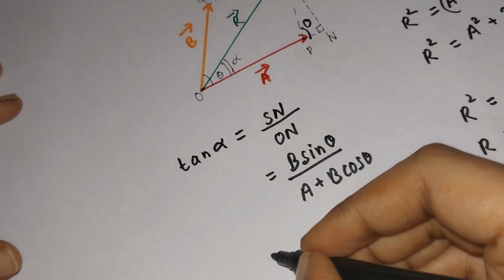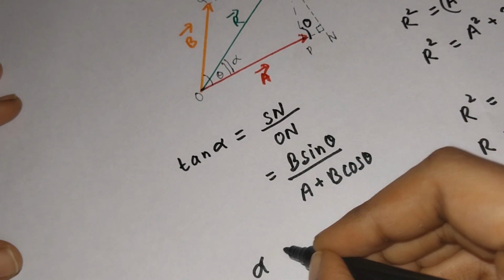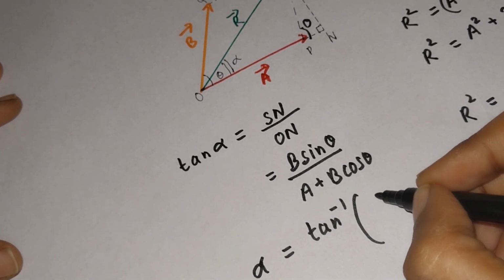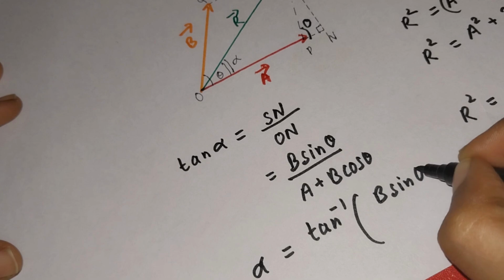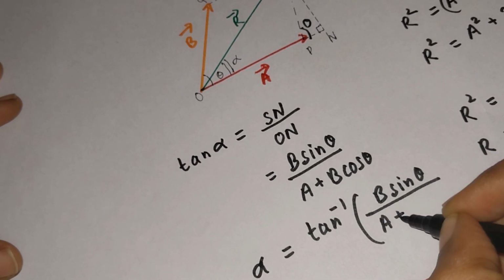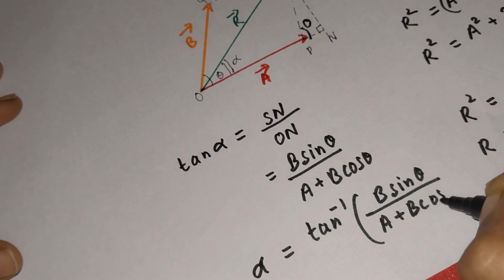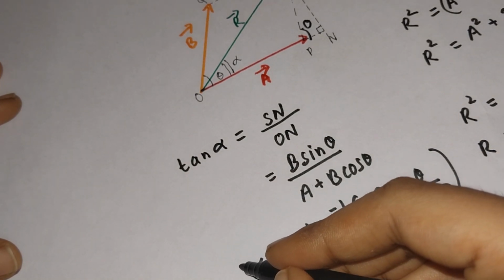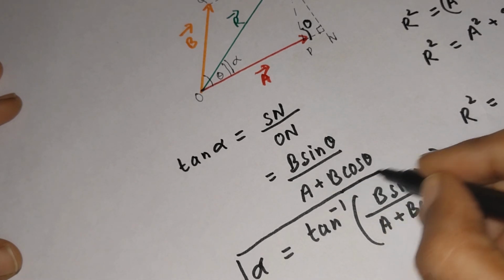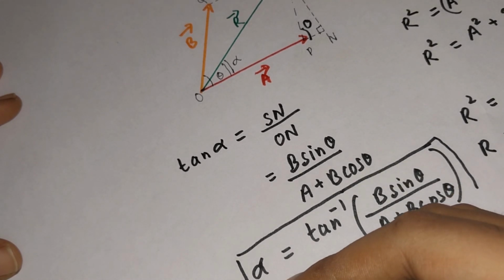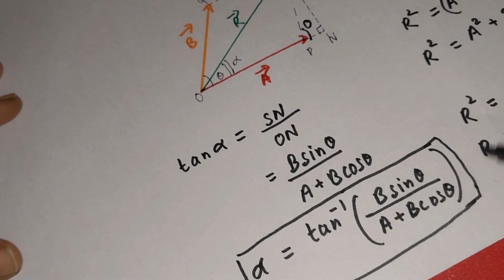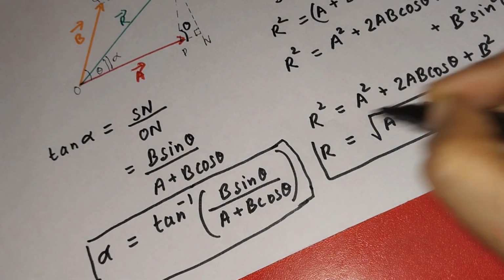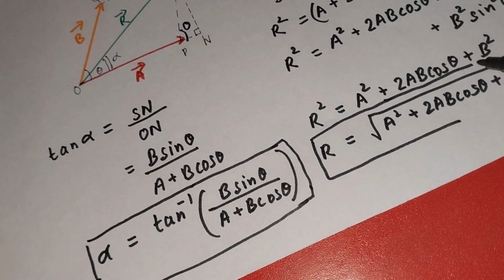Now alpha, what is angle alpha? Alpha is tan inverse of B sin theta by A plus B cos theta. So this is our direction. And here this is our resultant vector magnitude.